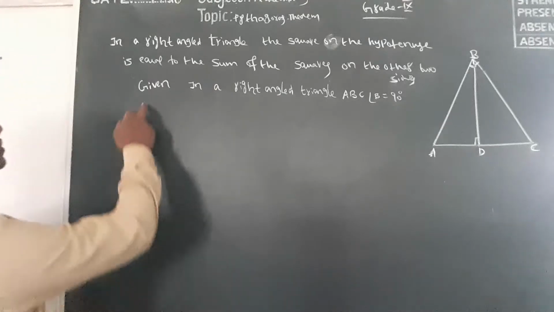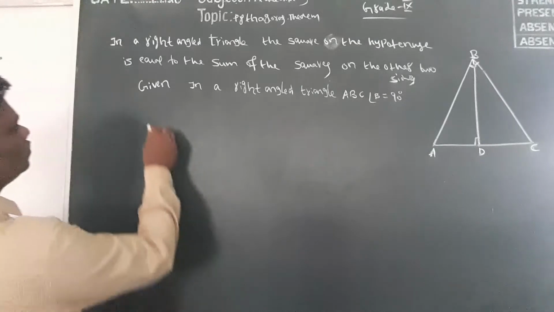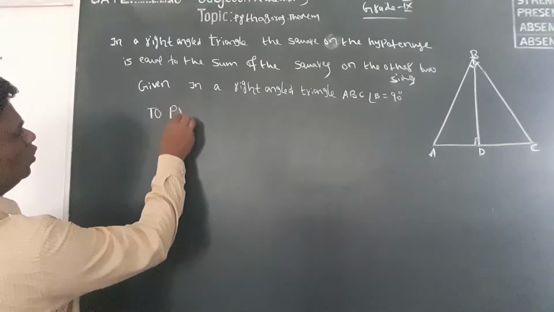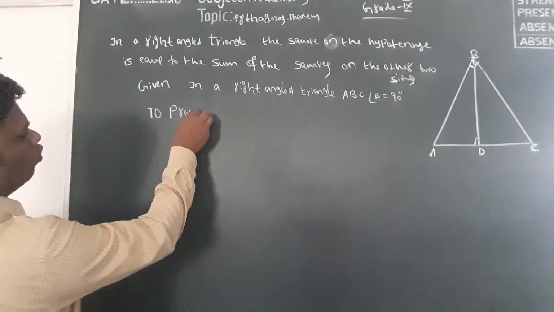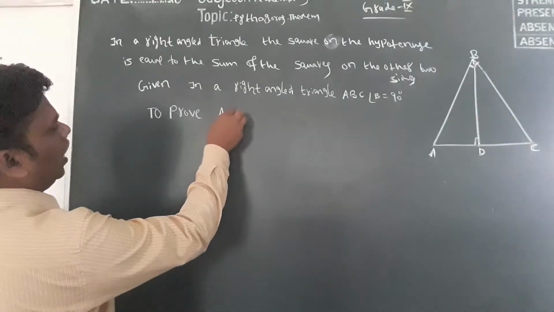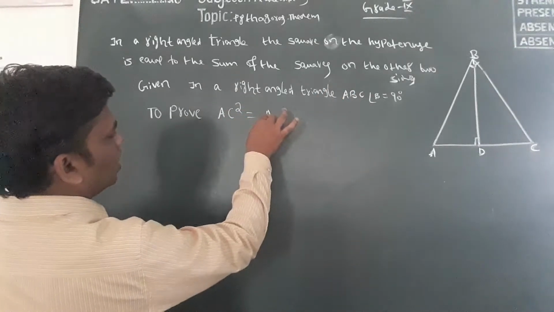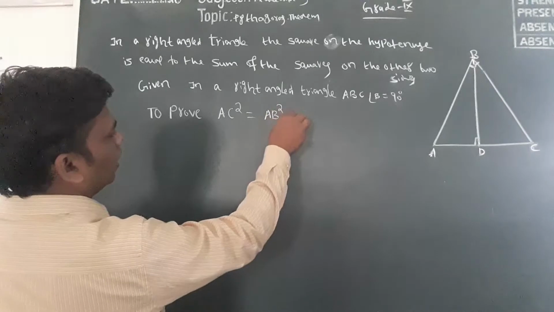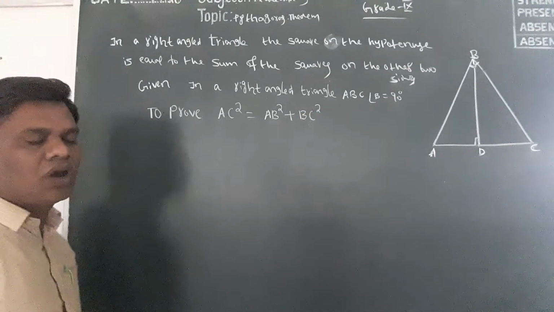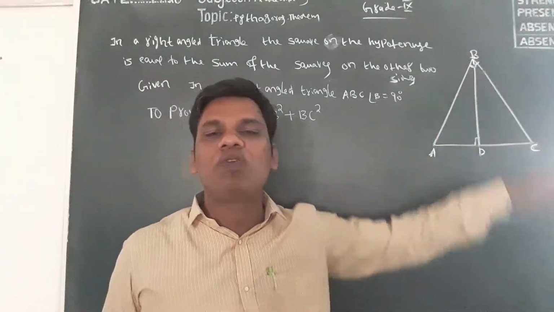That's why it is given. Now, to prove: what do we have to prove? AC square, the hypotenuse square, equals the sum of the squares of the sides, AB square plus BC square. AC square equals AB square plus BC square.